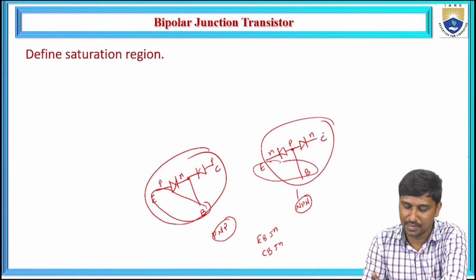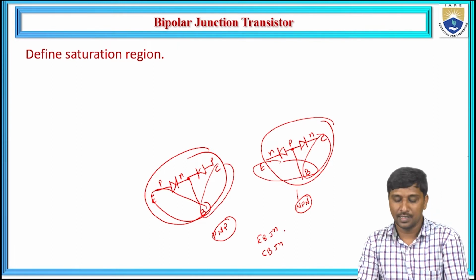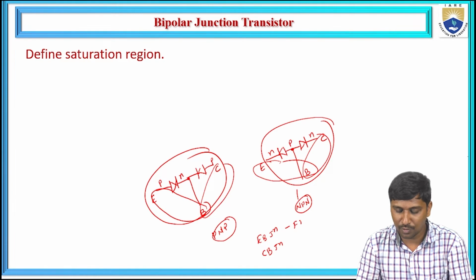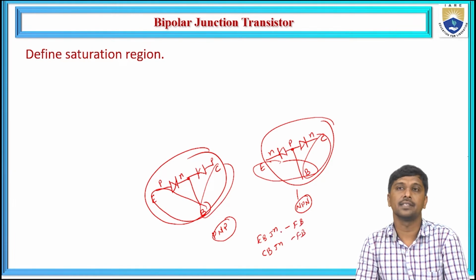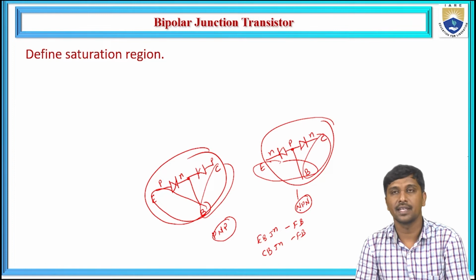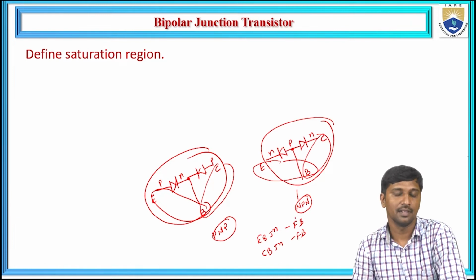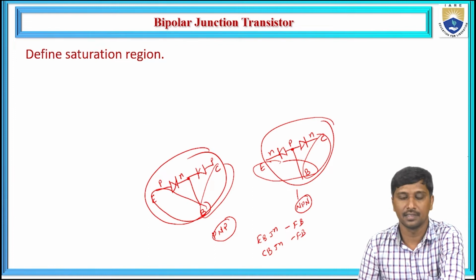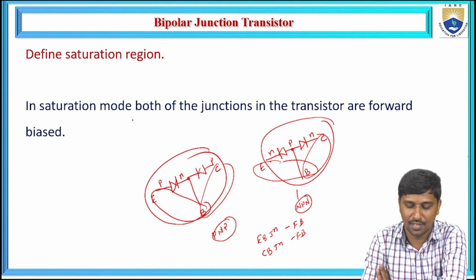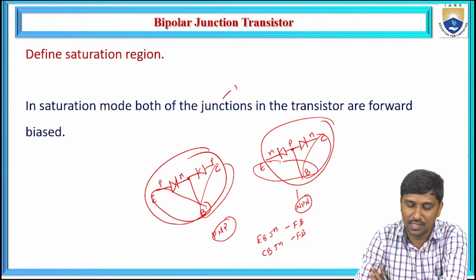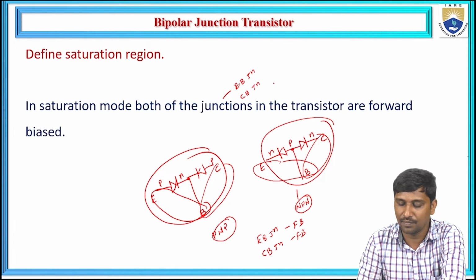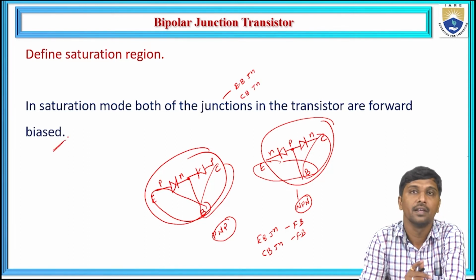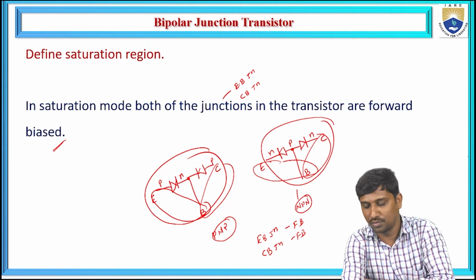So if both the junctions are forward biased, then we can say that the mode of operation of the transistor is called the saturation region. So in saturation mode, both the emitter base junction and the collector base junction are forward biased.